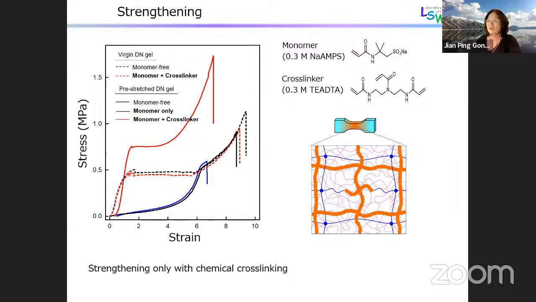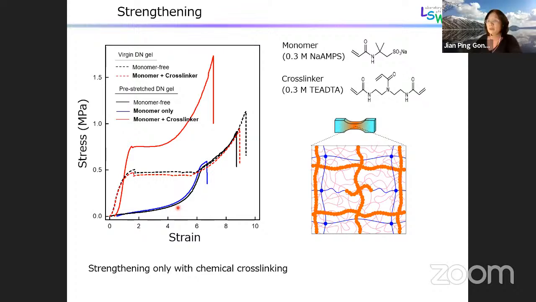And as a control, if we see the pre-stretched DN gels, with no monomer loading, or loaded with only the monomer without chemical crosslinker, we see the curve like here. So there's no effect on the mechanical properties. Just like the second loading of the double network gel, it is strongly softened with a strong hysteresis.